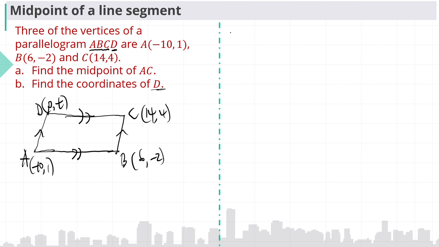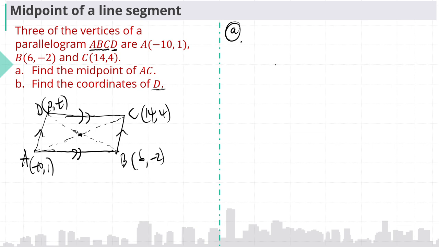Now, question A says we should find the midpoint of AC. So let's join A to C. This is diagonal AC. The intersection of the other diagonal running from D to B, the intersection of the two diagonals is going to give you the midpoint.